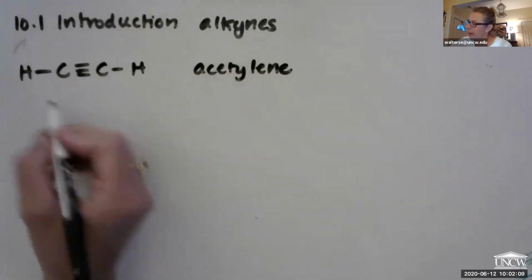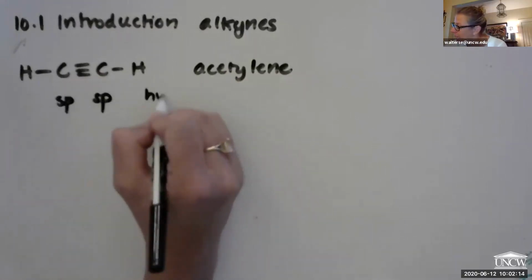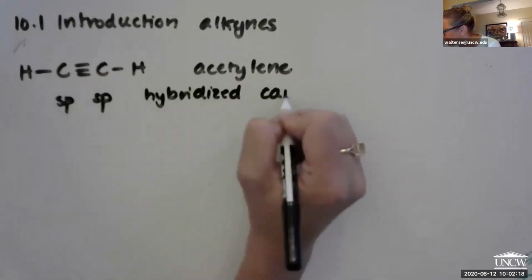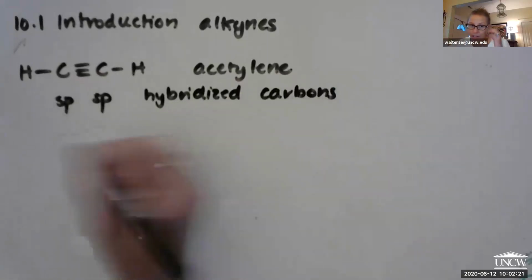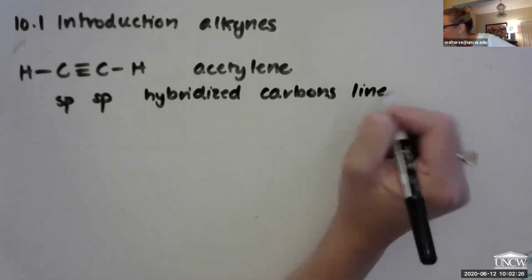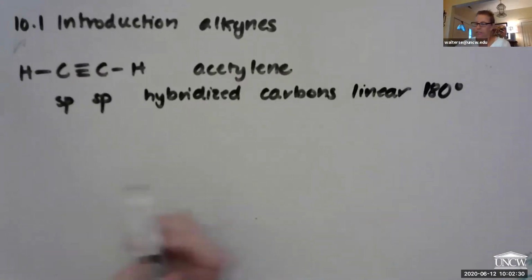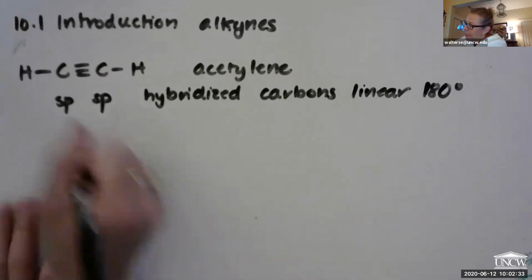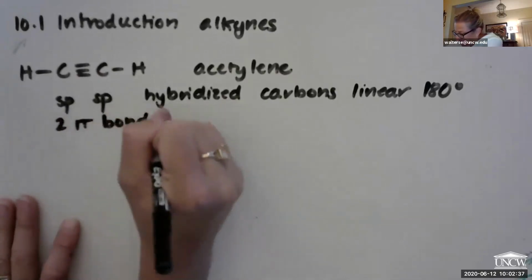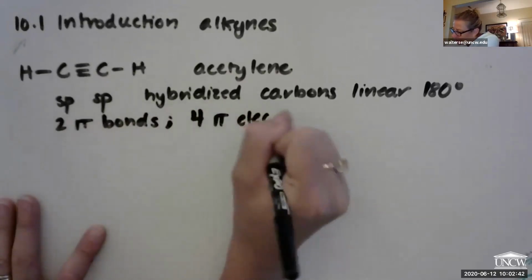What you have are sp hybridized carbons. That portion of the molecule is linear with bond angles of 180 degrees. There are 2 pi bonds, so you have a total of 4 pi electrons.